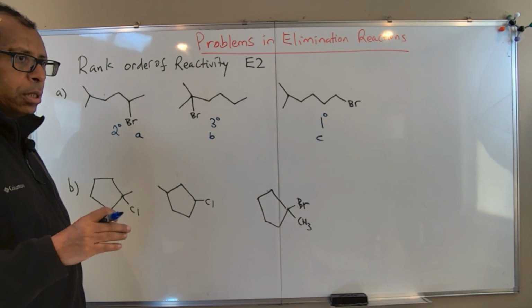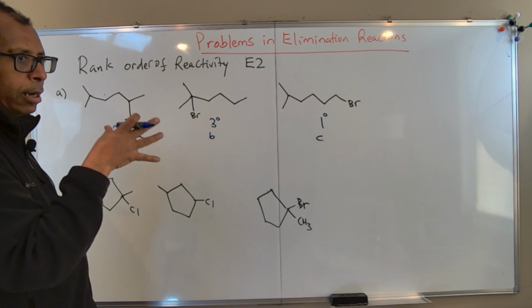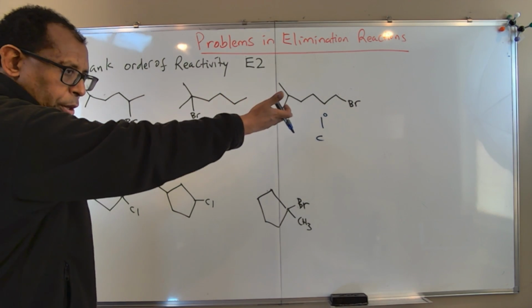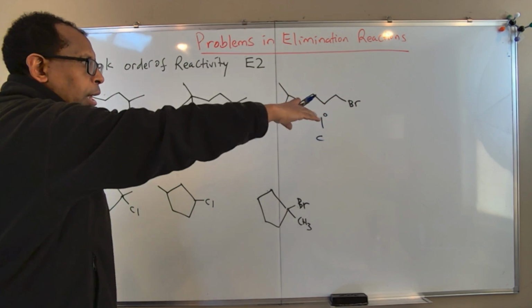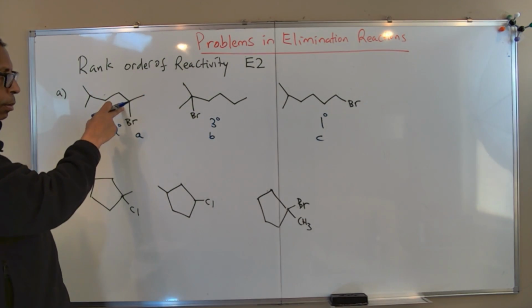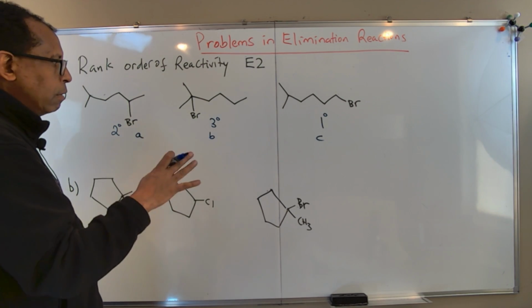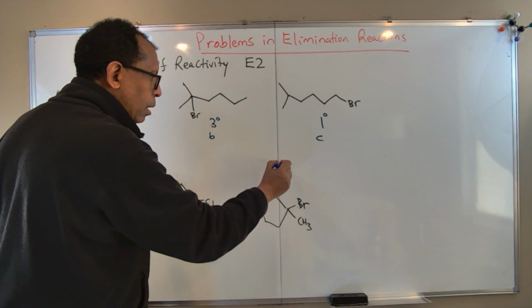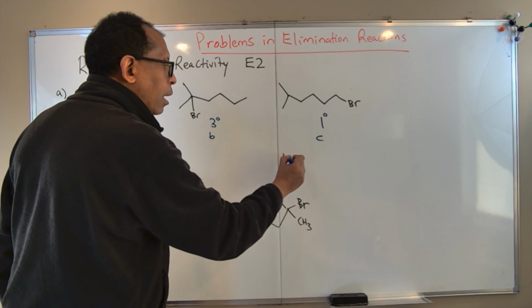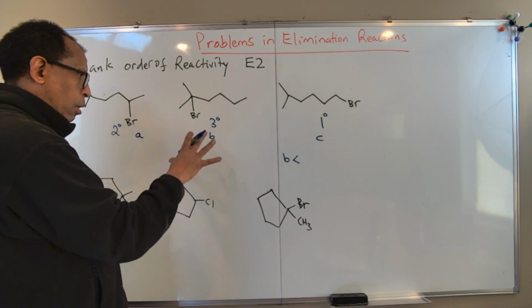It is always true that the less hindered alkyl halide, for example a primary, where the halide is at the tip, reacts faster, but here it is 1 carbon in. So the reactivity increases from B, which is much less reactive than the other two.